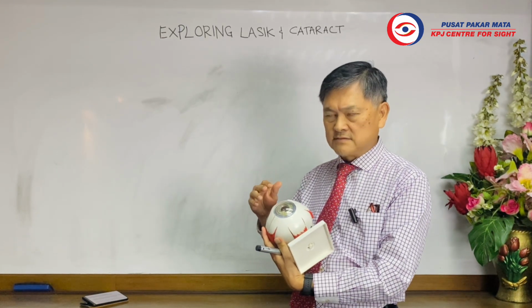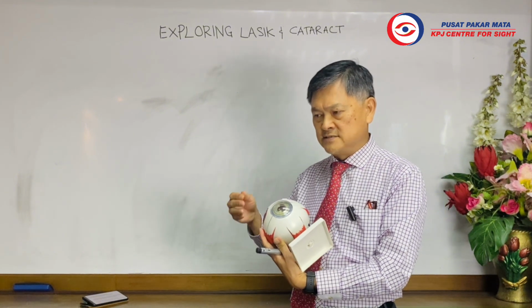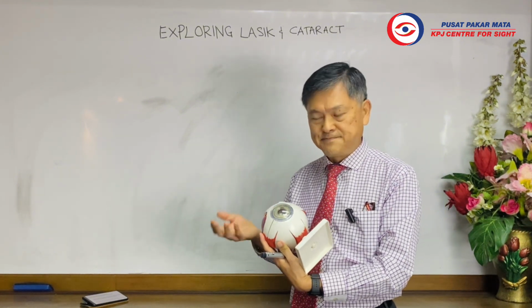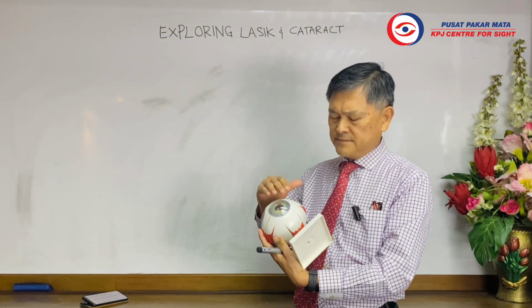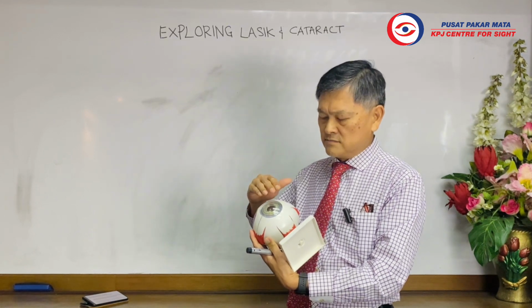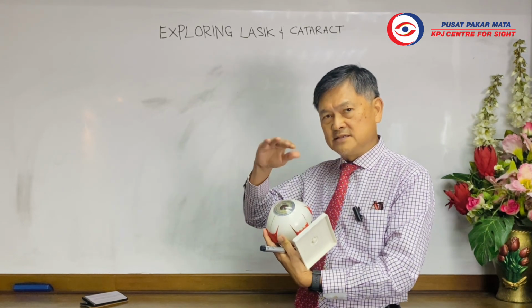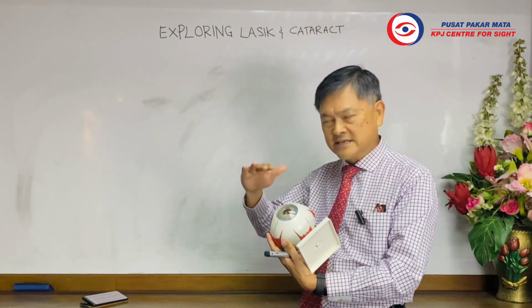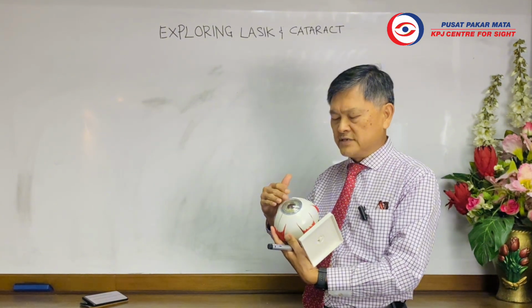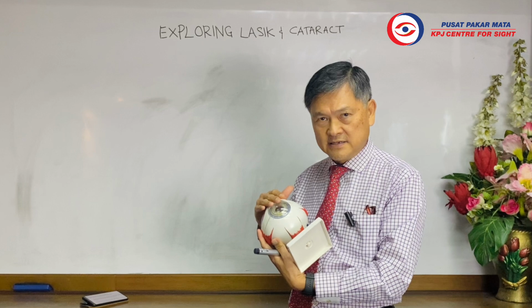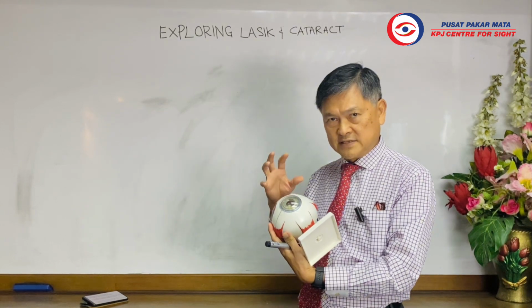For short-sightedness, in scientific term we call it myopia, the laser will flatten the cornea, make the cornea less steep, so that it reduces the power of the cornea and thus reduces the power of the eyeball.